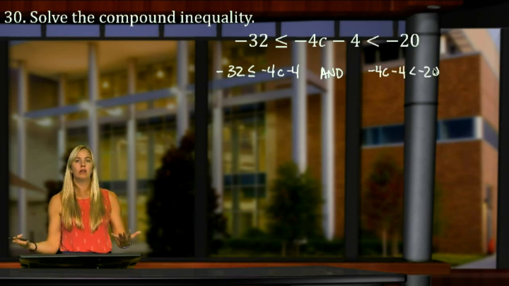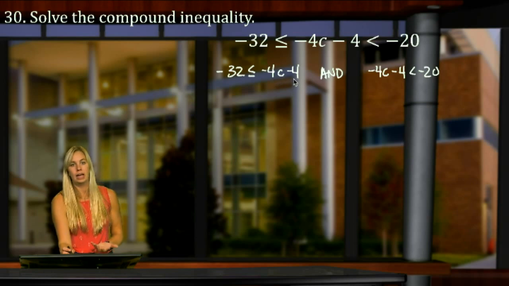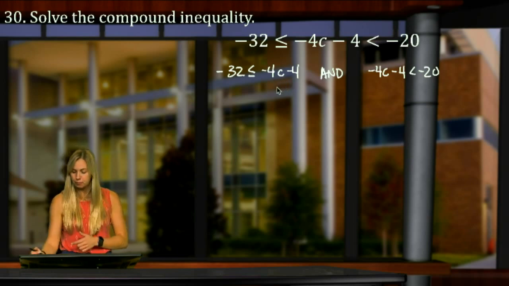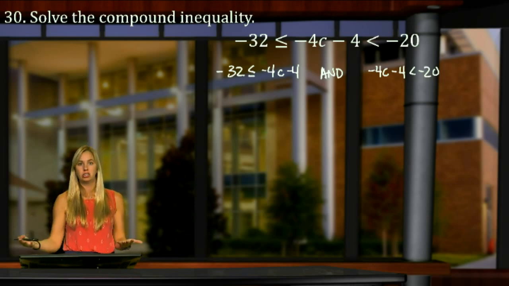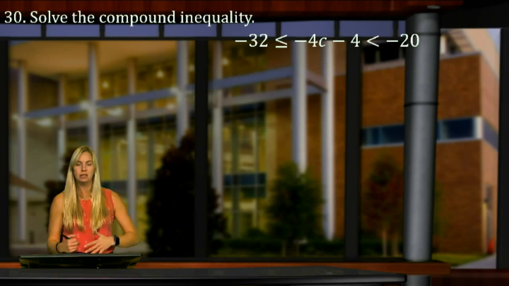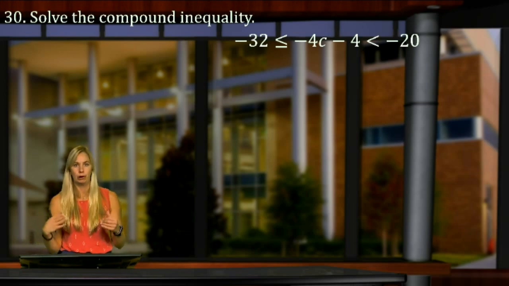Now, if I were to solve these individually, we would take the exact same steps in both because the expression with c is the same. So what we can do, instead of solving two separate ones, we can just solve it as is, remembering that if I do something to one part of the inequality, I have to do it to all parts.